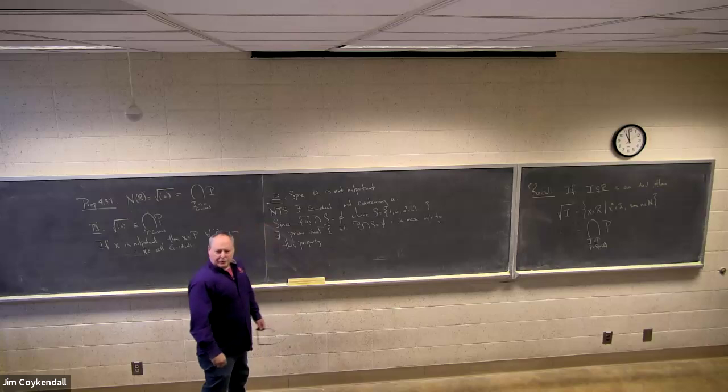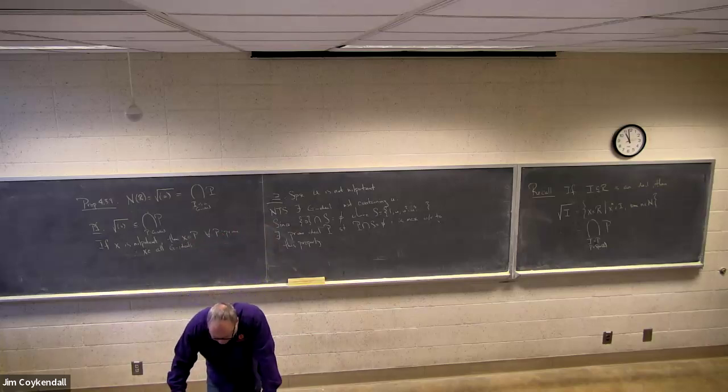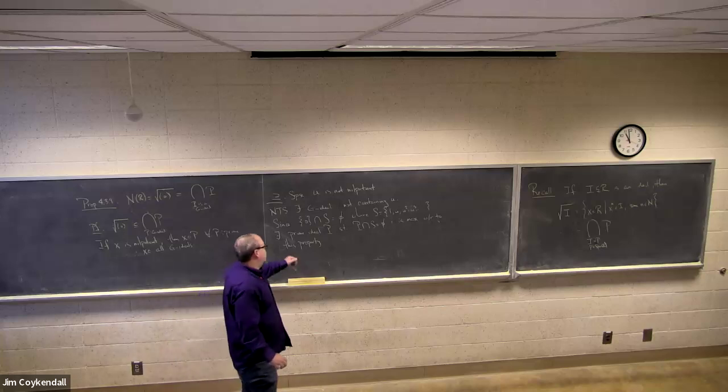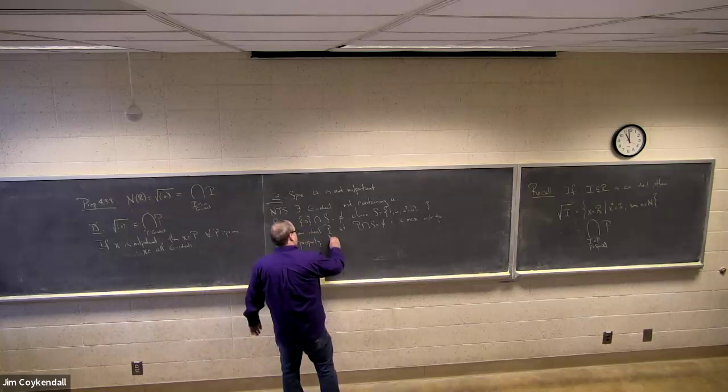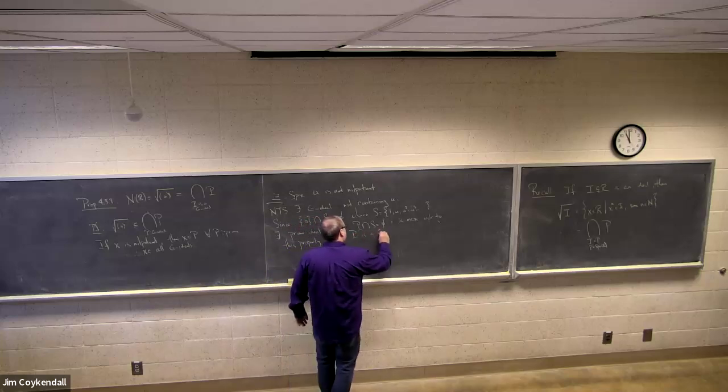Once again, we use this old chestnut, right? This is a set, so we expand it to something that's maximal with respect to this property. So all we have to do now, we know that P is prime. We need to show P is a G ideal.